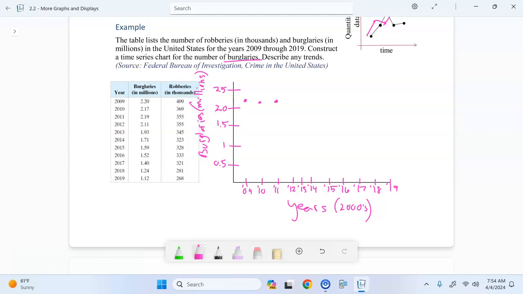A little bit below. A little bit below 2 for 13, right? Yep, 13. A little bit below 2. More below that. Below that. Below that.